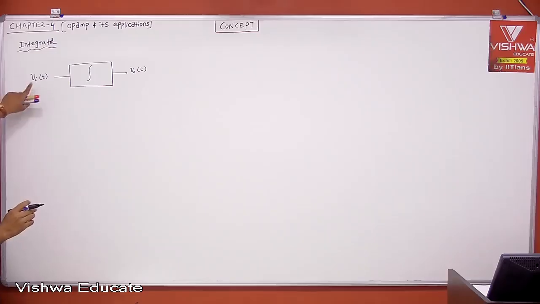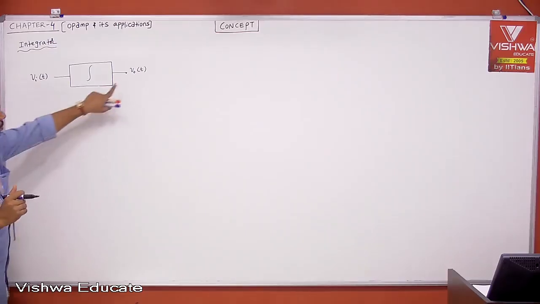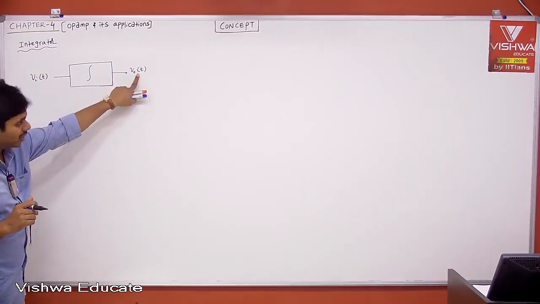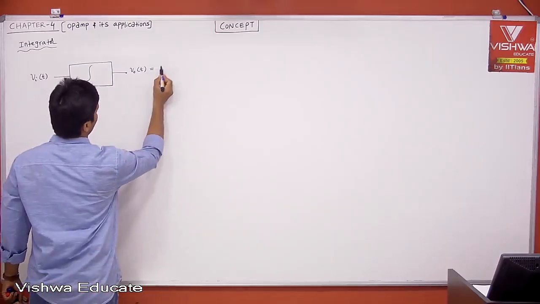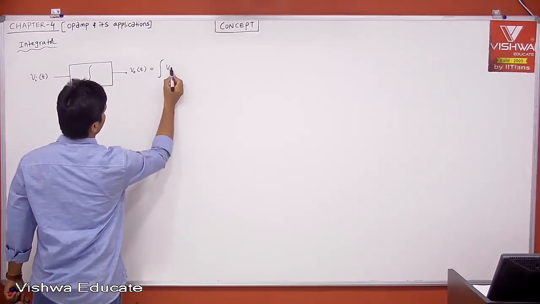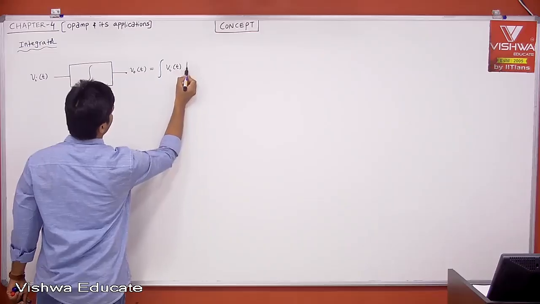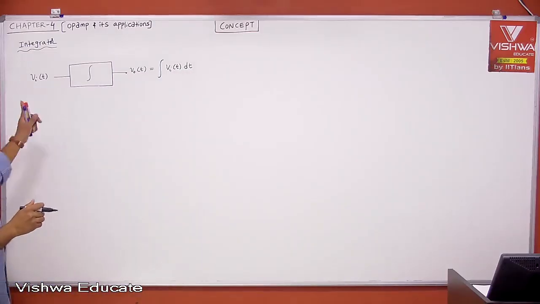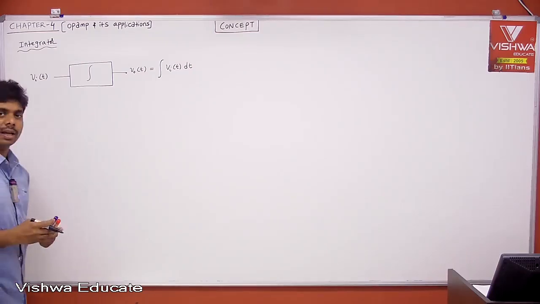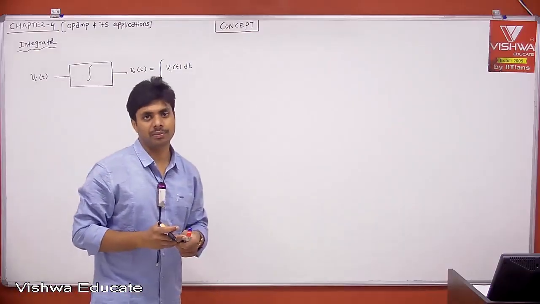I'm giving a signal at the input, and I'm expecting my output V naught of t to be the integration of VI of t. Therefore, V naught of t is equal to integration of VI of t dt. Now I'm trying to find the transfer function of the system, and whichever system satisfies the transfer function that we get from this can be used as an integrator.